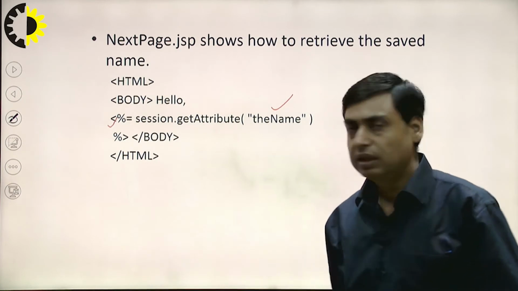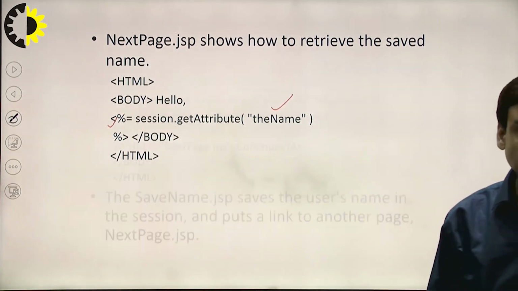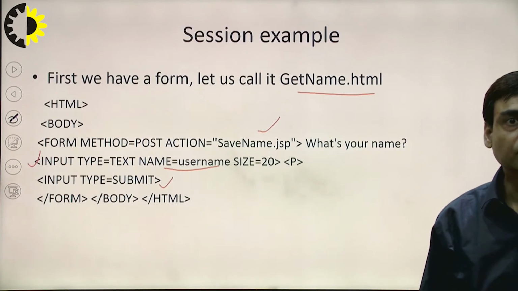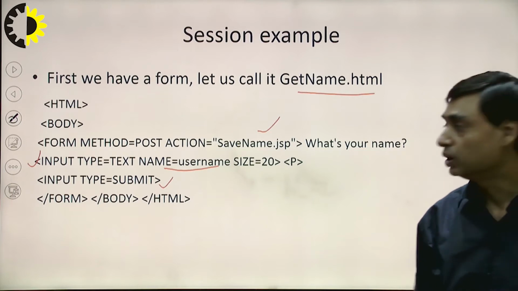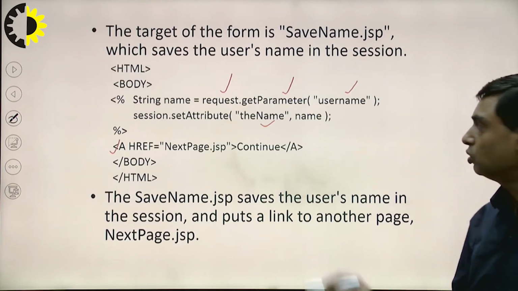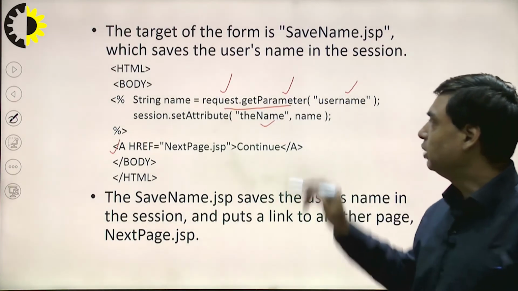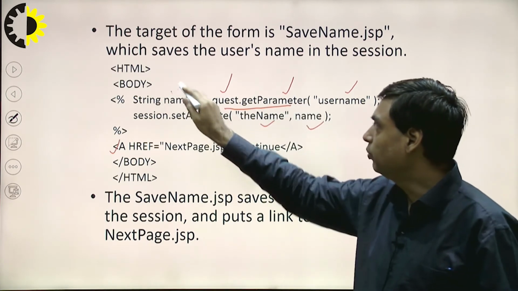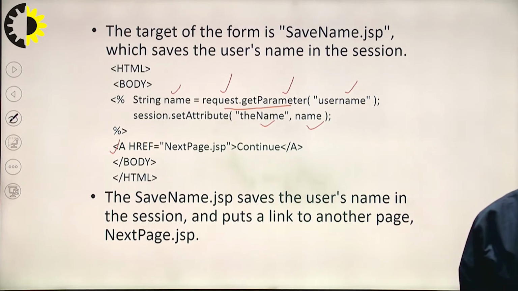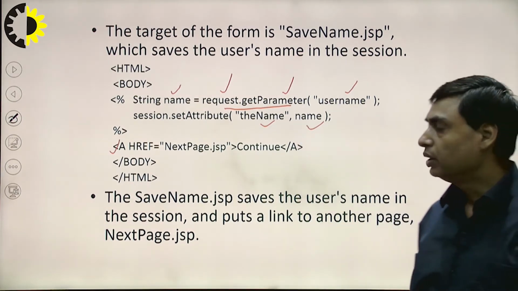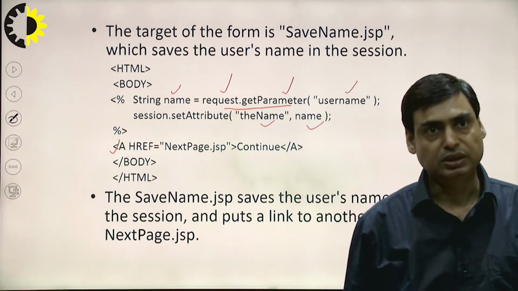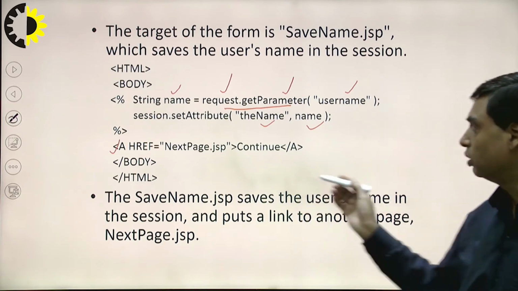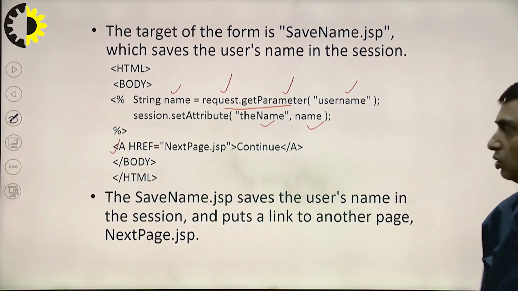So you can say in the session management, first of all, we are taking the value from the text box, that is username, with the help of request.getParameter. Then we are storing this value, which is already stored in a variable name, in a session with the name the name. Then we are moving to the next page.jsp: click on continue, then it will move to the next page.jsp.